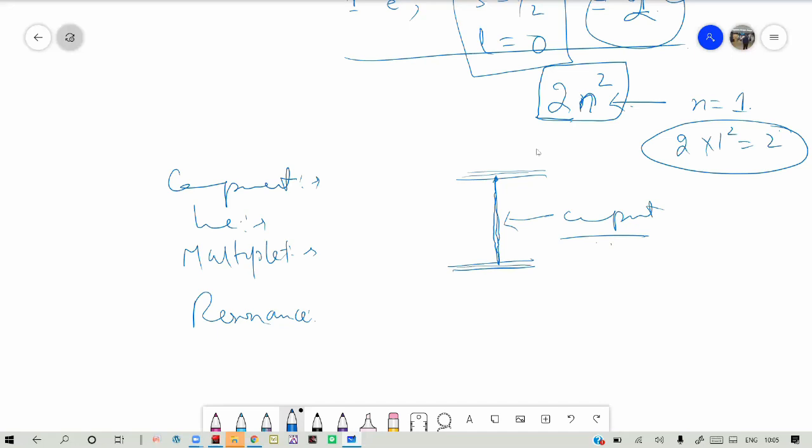So a group of components can form lines, because between two components there can be more than one line, because of the presence of different states in a given line. There's a transition between two levels, and it will give us a line. So it's not necessary that we have a single line. We can have more than one line because of the different number of states corresponding to the given energy levels.